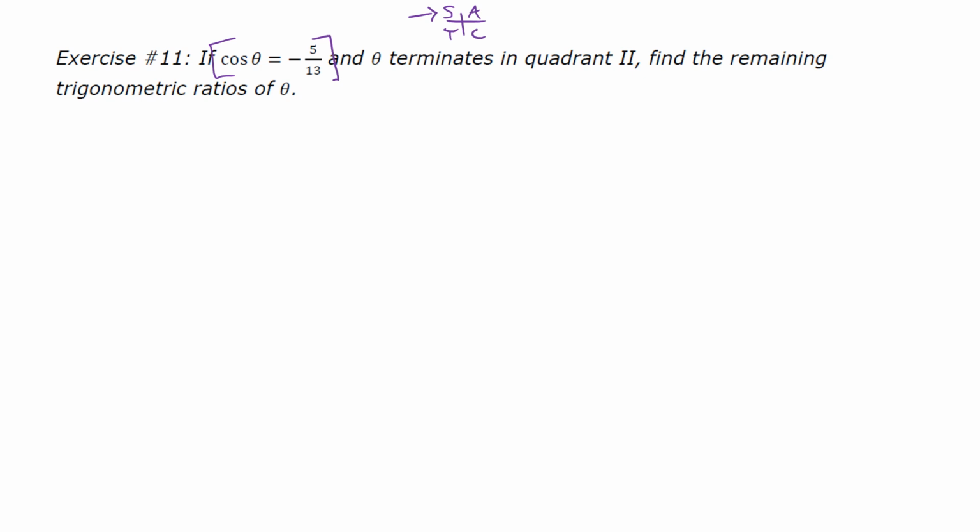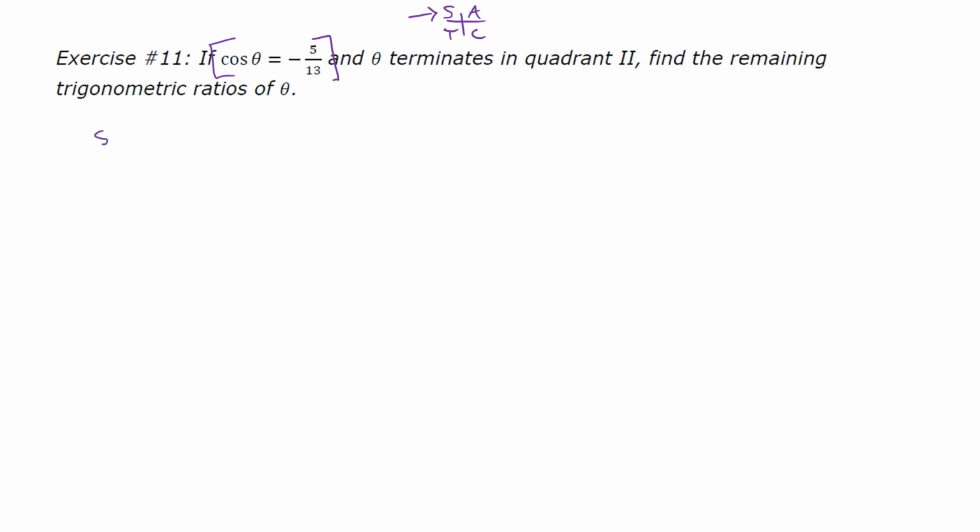Okay, so since we have cosine, let's start working with identities that give us the other trigonometric ratios relating to cosine. So let's first start off with the reciprocal relationship. We know cosine theta is negative 5/13.